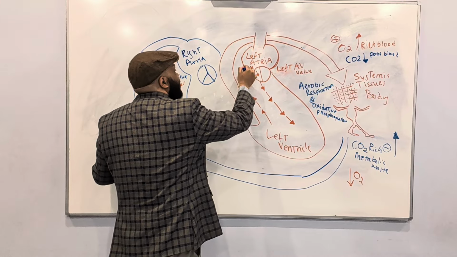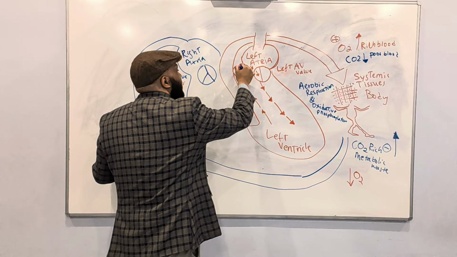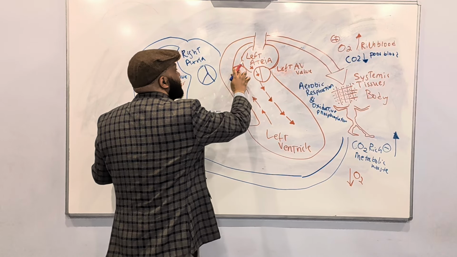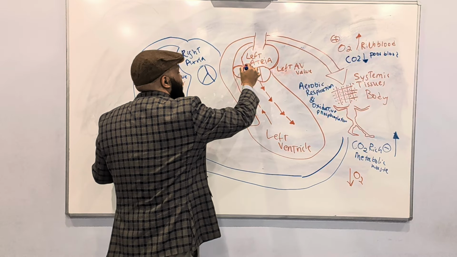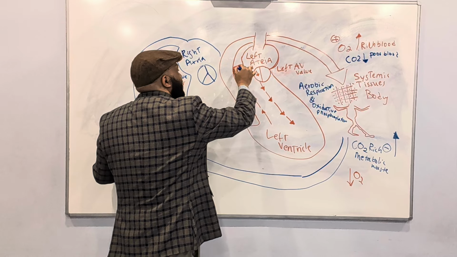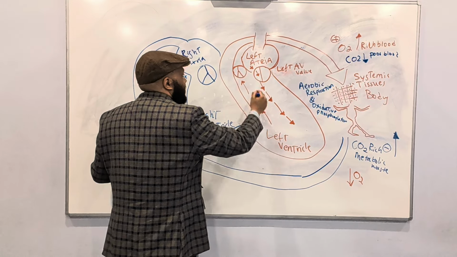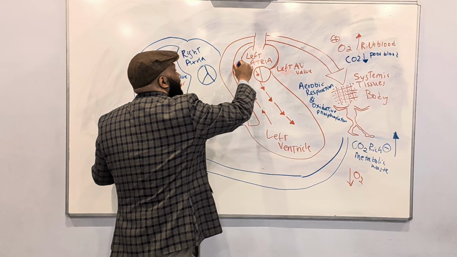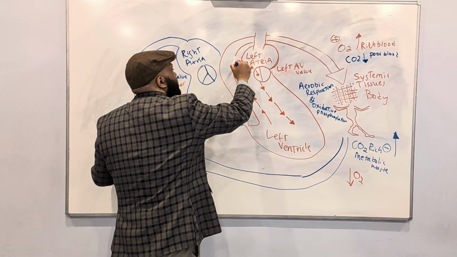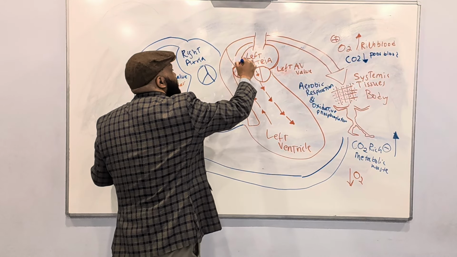And now it leaves through a valve here that allows the oxygen-rich blood from the left ventricle to go out into the circulation.